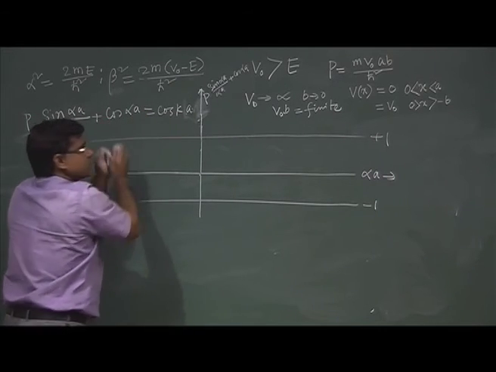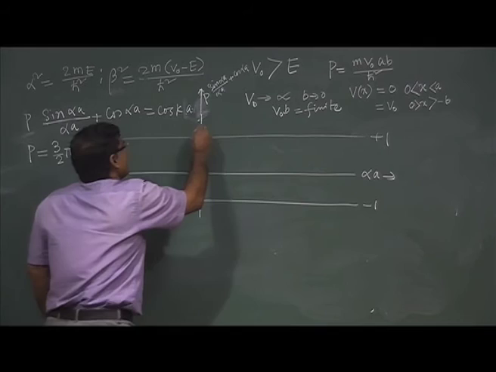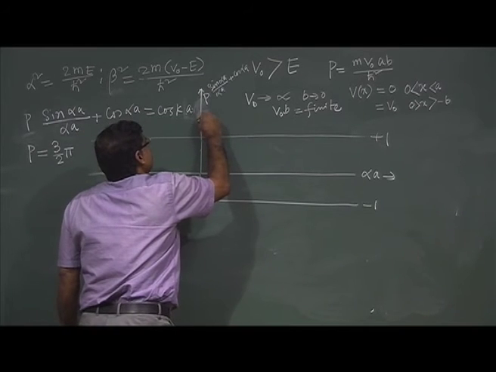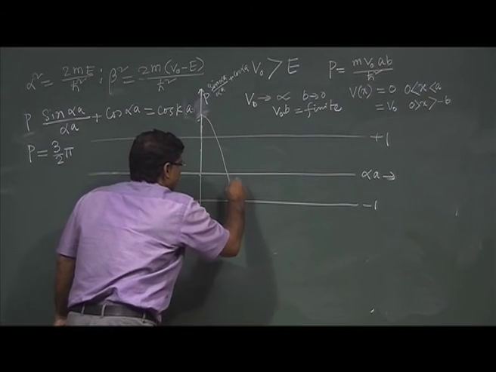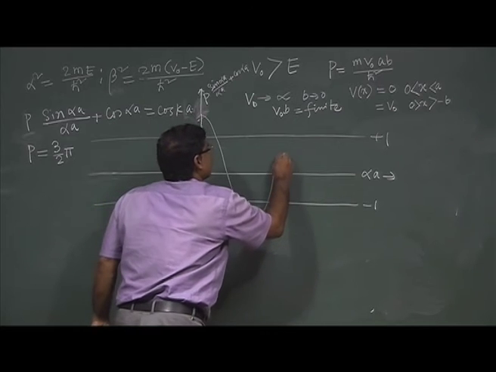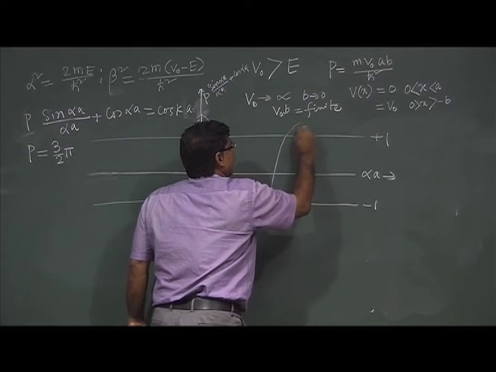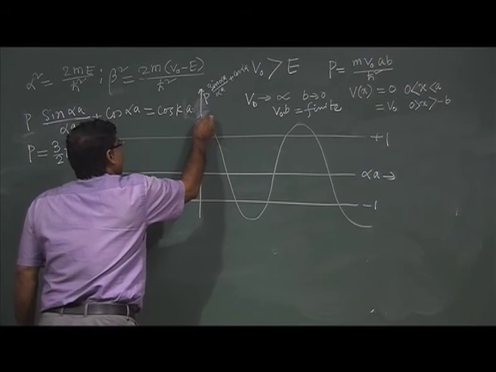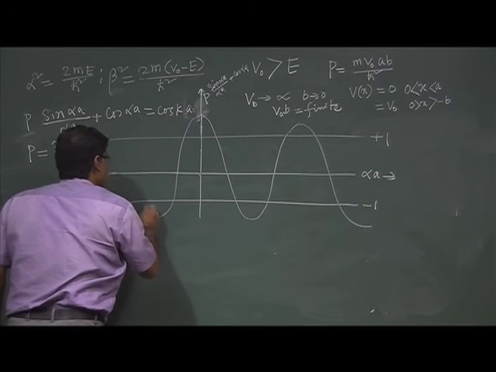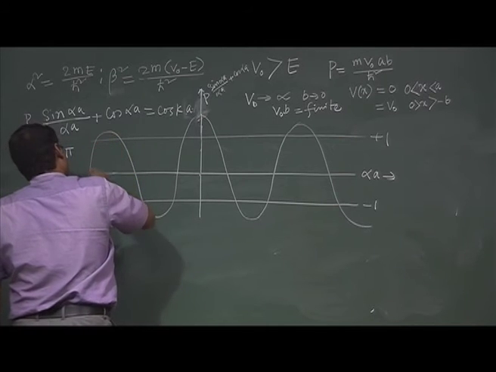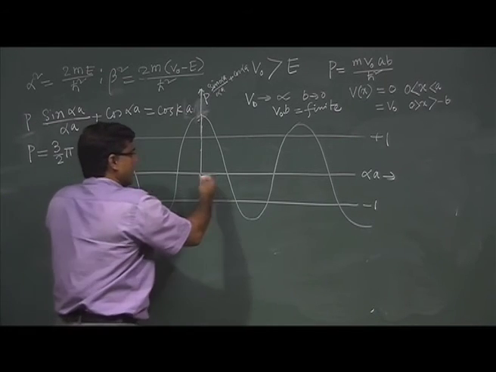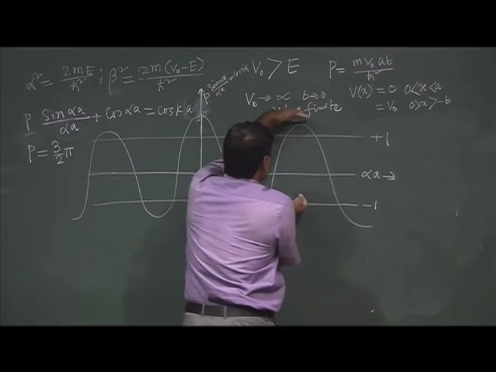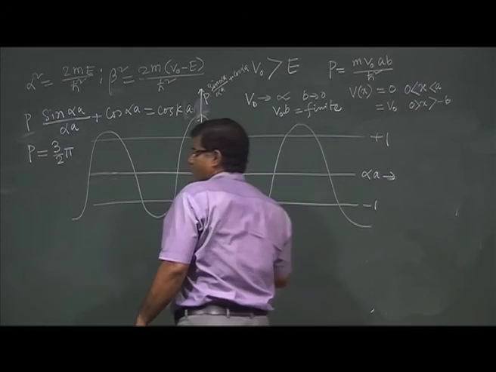So what I will get is this type of variation. For higher values of alpha a, this will decrease.